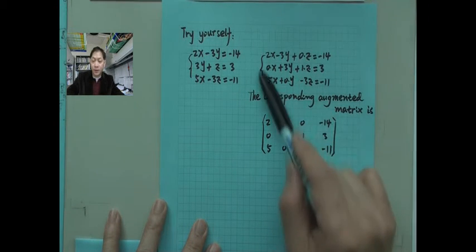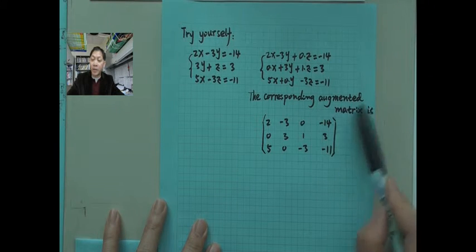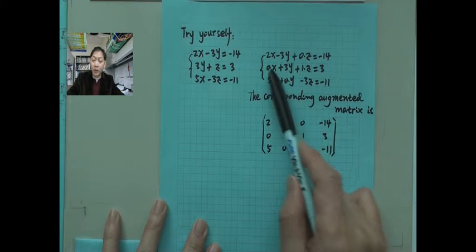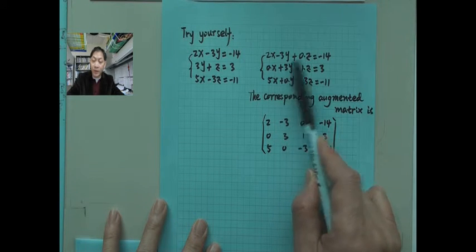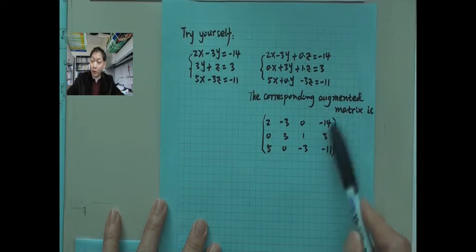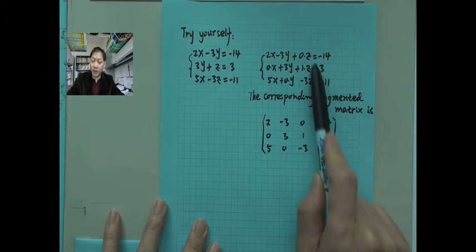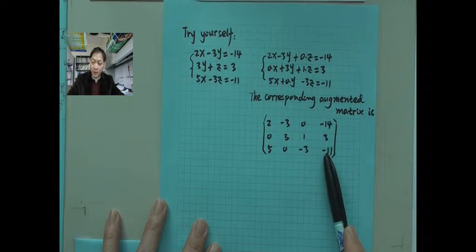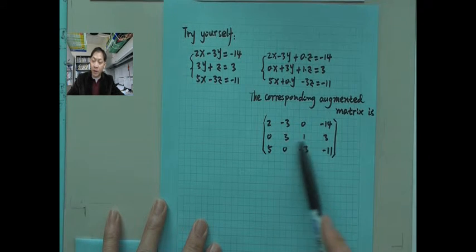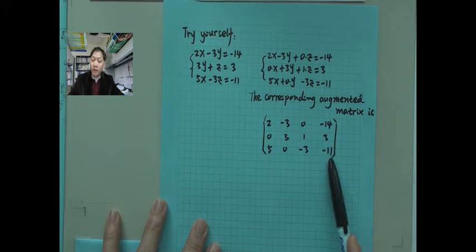Now after you get this system, the corresponding augmented matrix is: take all the coefficients 2, negative 3, 0 out, constant negative 14 out. Make sure all the constants are on the right hand side of the equal sign. And then 0, 3, 1, 3, and 5, 0, negative 3, negative 11.